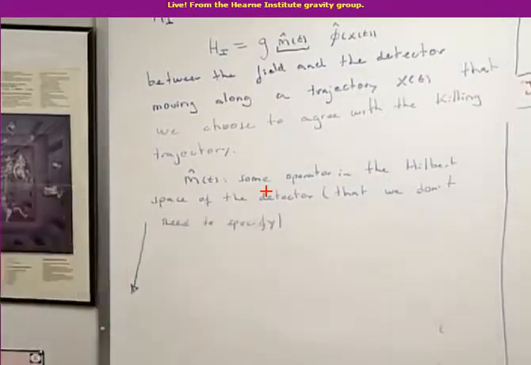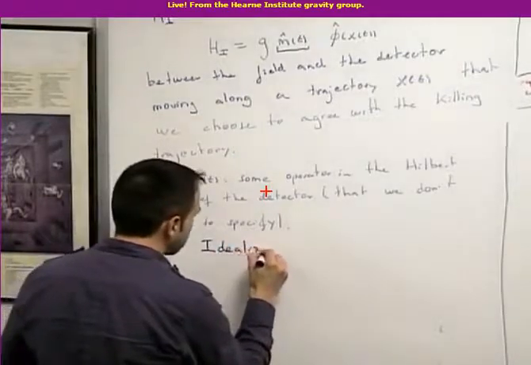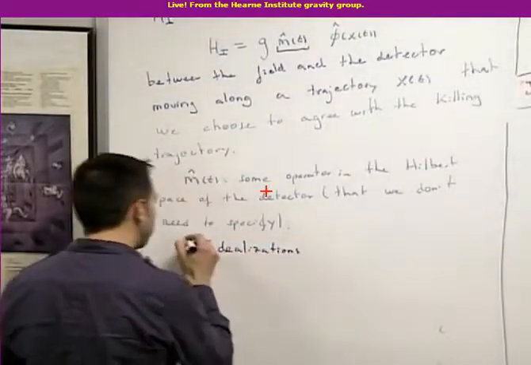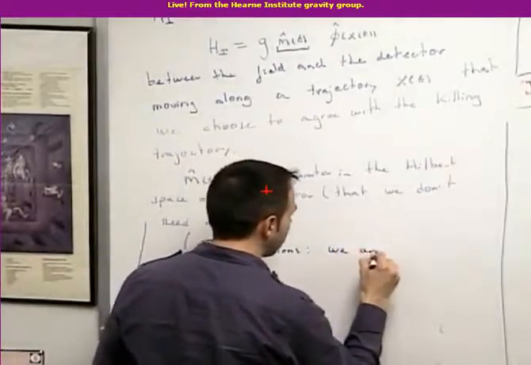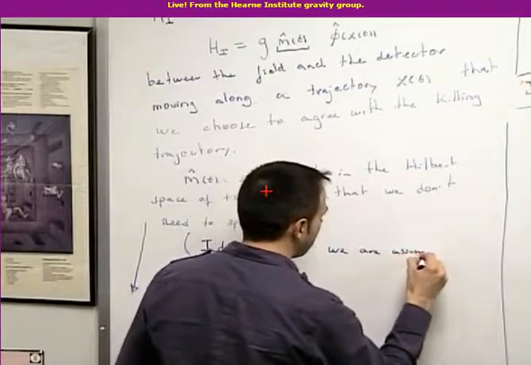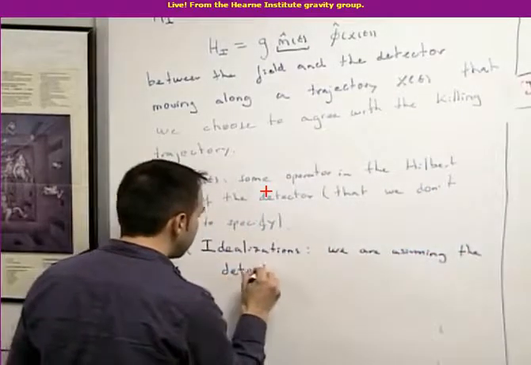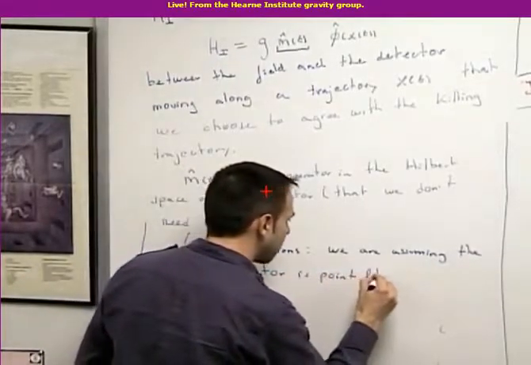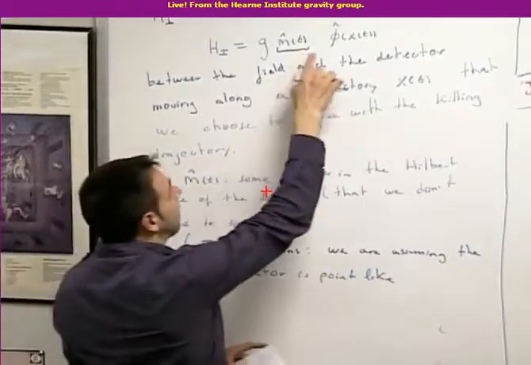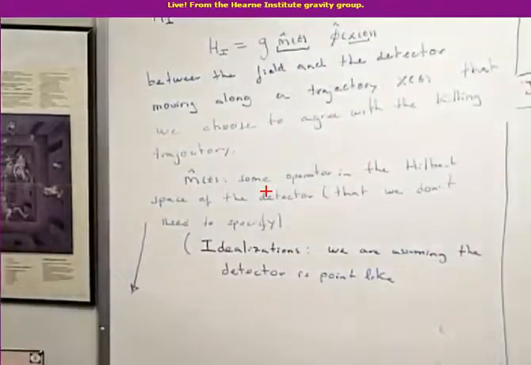Of course, I am idealizing it. So idealizations I am doing. Let me make some remark. Idealization. We are assuming the detector is point-like. So because I am coupling the detector and the field along the trajectory of the detector. But I am assuming the detector is just a point.